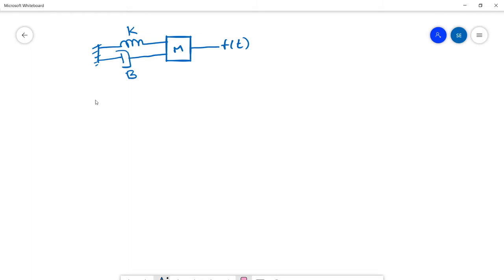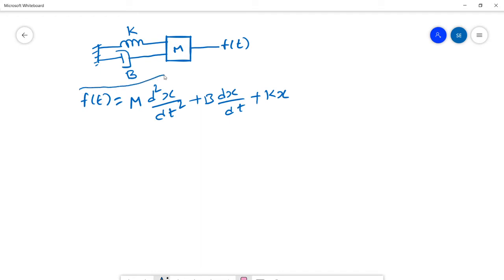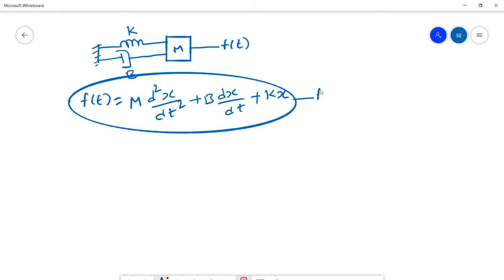So how we got it is f of t is equal to m into d square x by dt square plus b into dx by dt plus kx, right? This is the representation of mechanical system in terms of a differential equation, right? So we'll consider this equation as equation A.